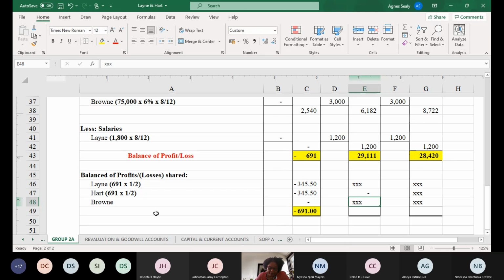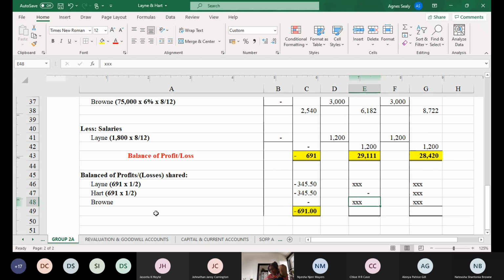Currently the profit sharing ratio between Layne and Brown is that Layne gets 3/5 of that $29,111, and Brown is supposed to get 2/5 of that. Now, calculate 2/5 of that $29,111.